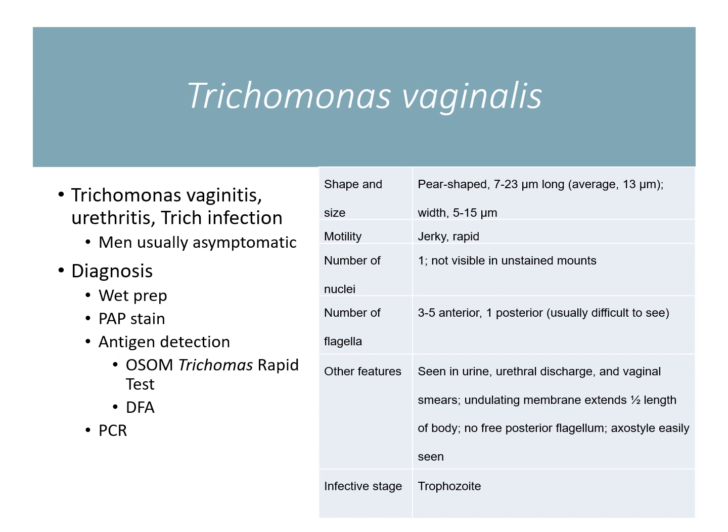It can be seen in the urine, urethral discharge, and vaginal smears. What you're looking for is that undulating membrane that goes around the body of the organism. You can see it moving, like a little thread moving.